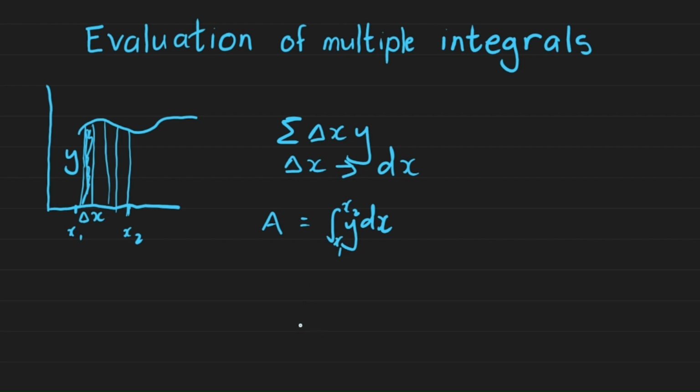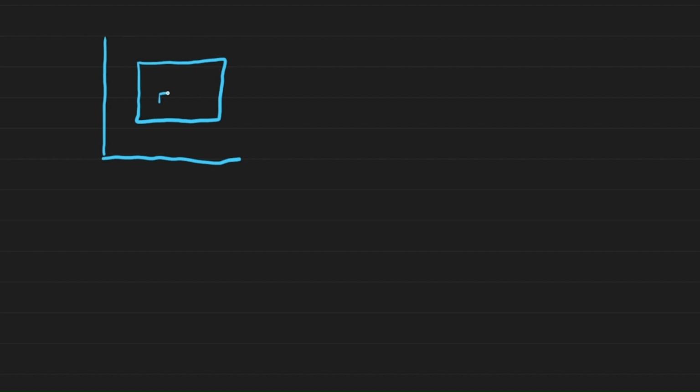The idea now is to extend this into more than one variable. We'll start by looking at the area of a shape, still in the Cartesian plane and still in two dimensions. So from a single integral, we're going to go to a double integral. We look at a little square inside the shape, where the width is delta x and the height is delta y.